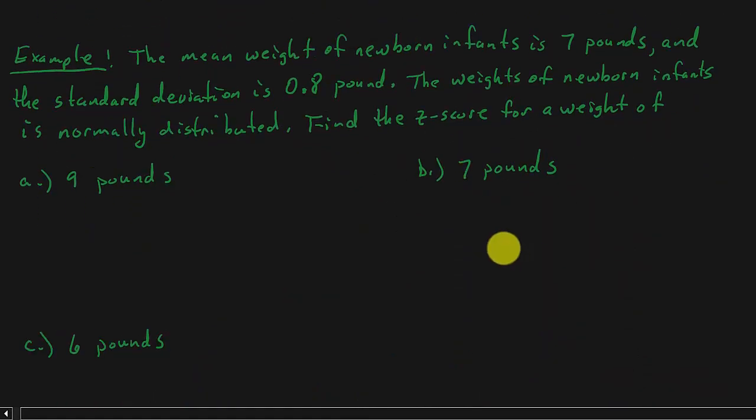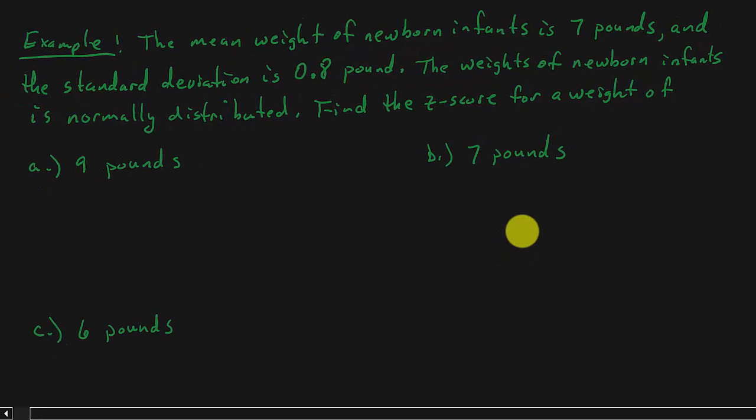All right, so let's see what we've got here. It says the mean weight of newborn infants is 7 pounds, and the standard deviation is 0.8 pounds. The weights of newborn infants are normally distributed. Find the z-score for a weight of... All right, so all they're wanting us to do here is just convert this to a z-score.